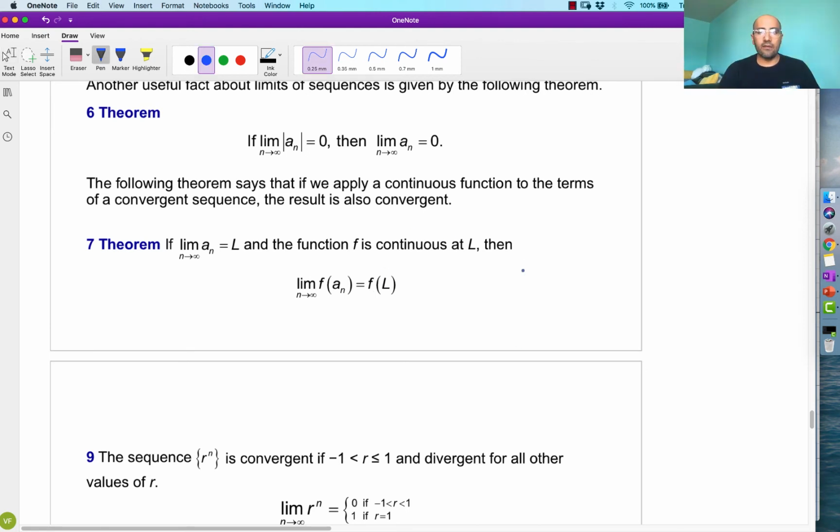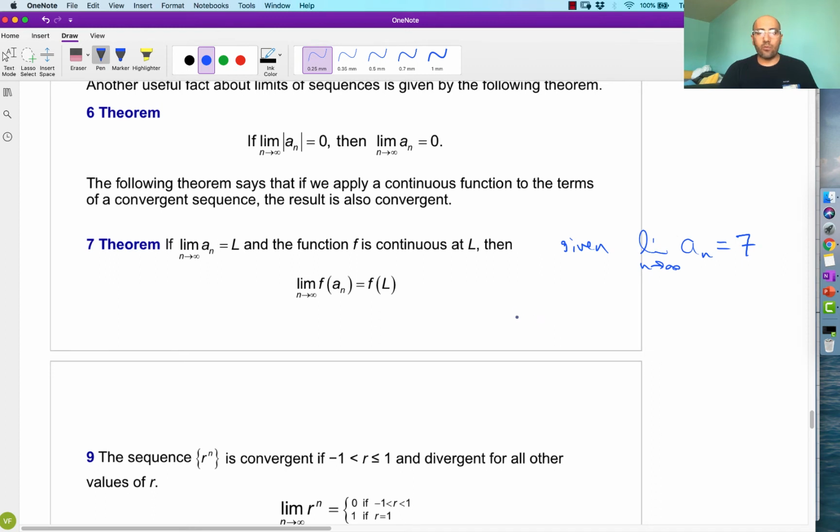So what is this saying? For example, let's say that we have some sequence, and the limit as n goes to infinity of that sequence equals 7. Let's say we know that that's true.